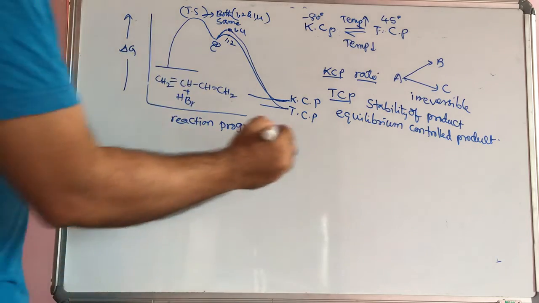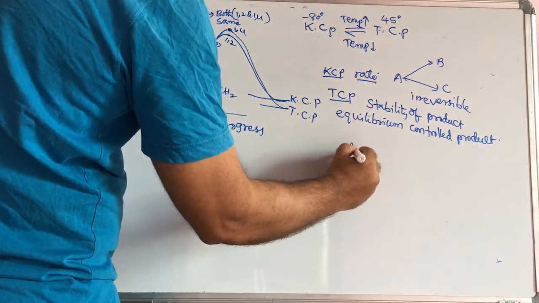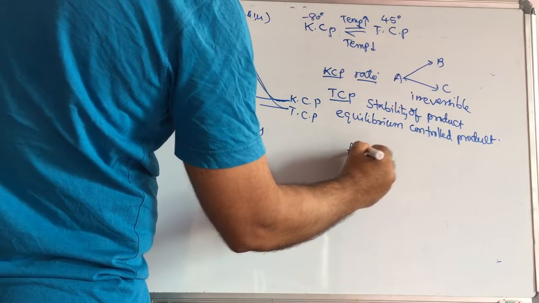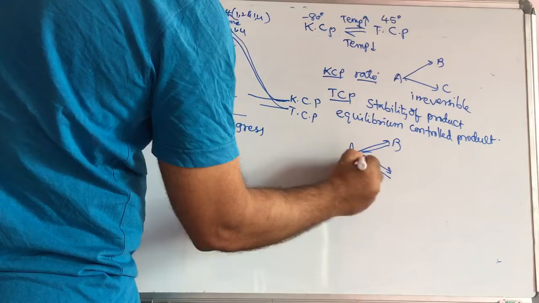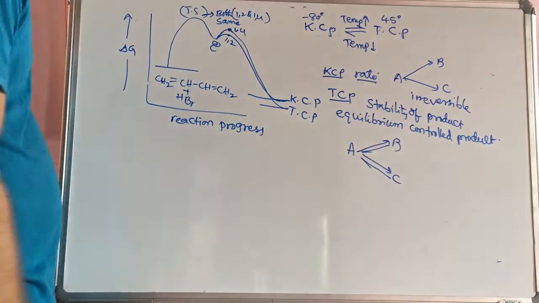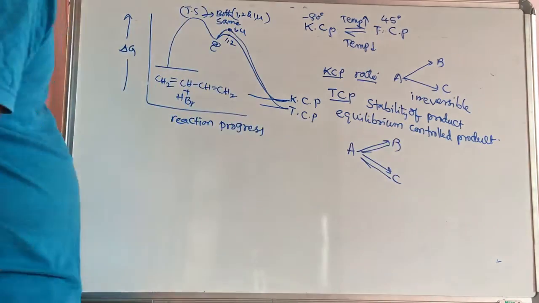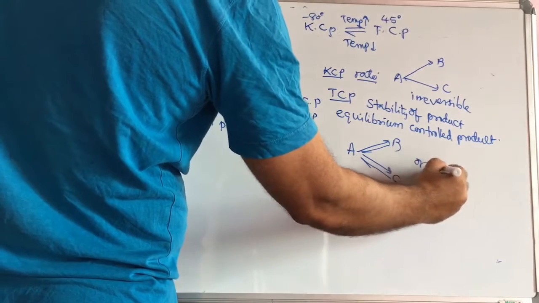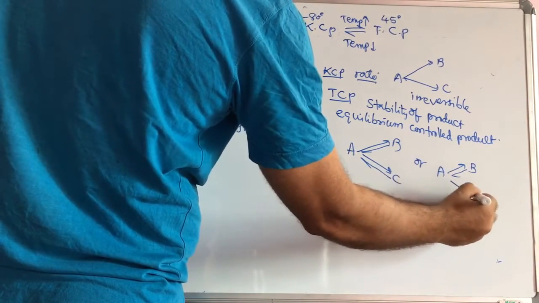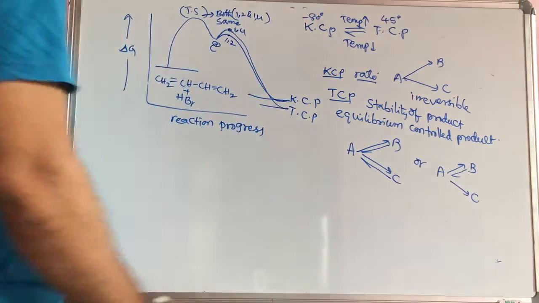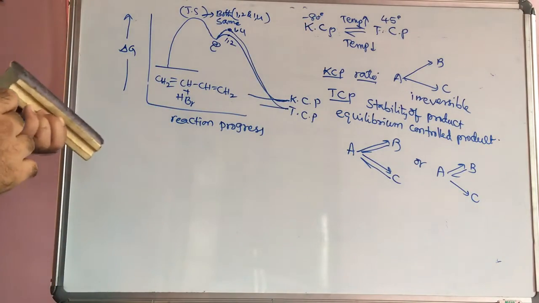Same like this, for example, A will convert into B, or A will convert into C. Here products are in equilibrium with the reactant. Otherwise any one of the products may be in equilibrium, but one should be in equilibrium.